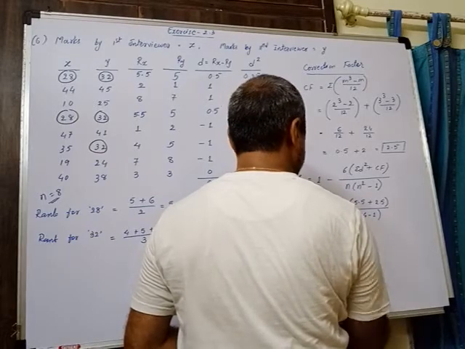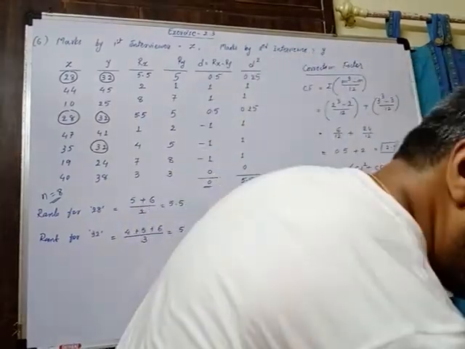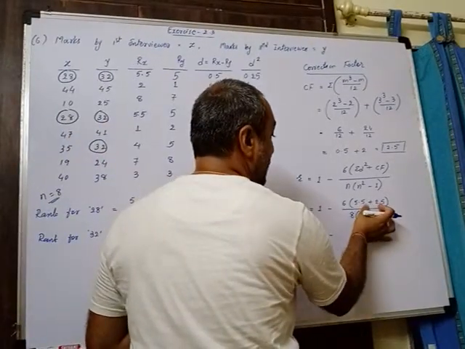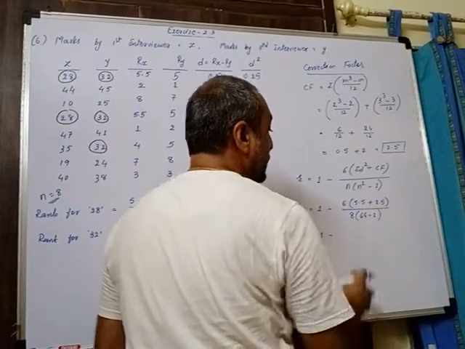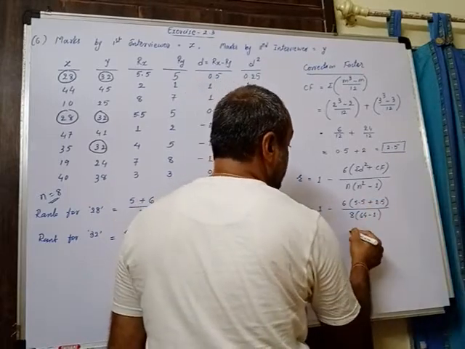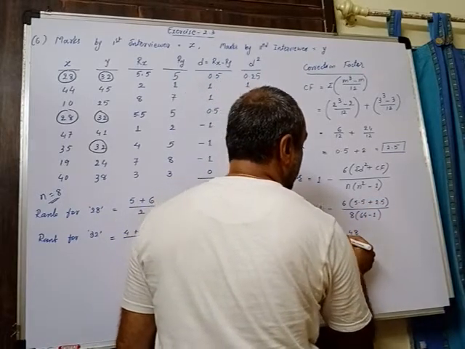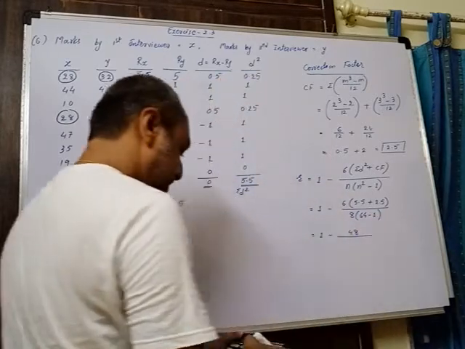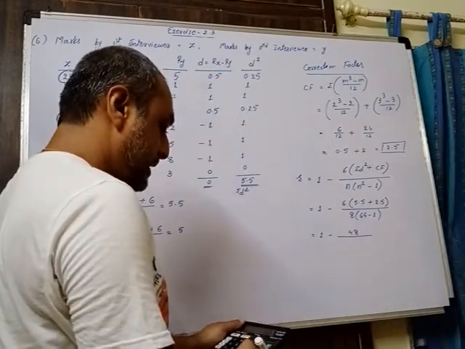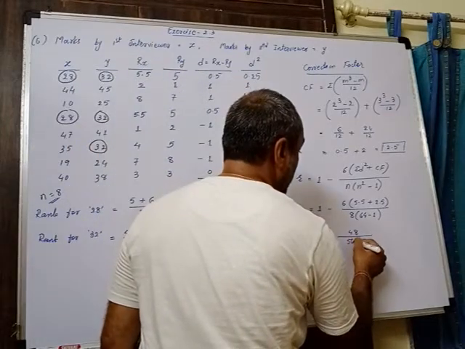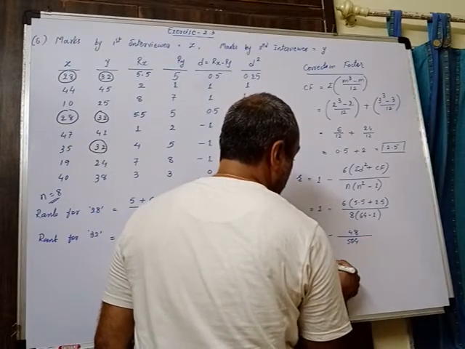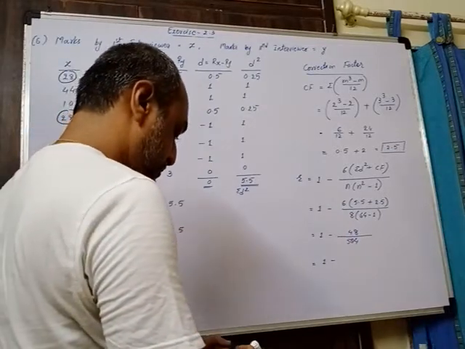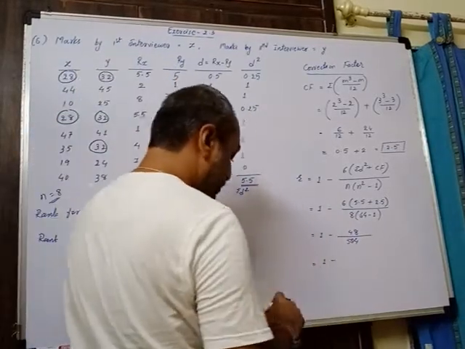Now we'll directly show the calculation. First add these two values, 5.5 plus 2.5, that is 8. 8 into 6 is 48. And over here 64 minus 1 is 63. 63 into 8 is 504. So 1 minus 48 upon 504, and 48 upon 504 is 0.095.